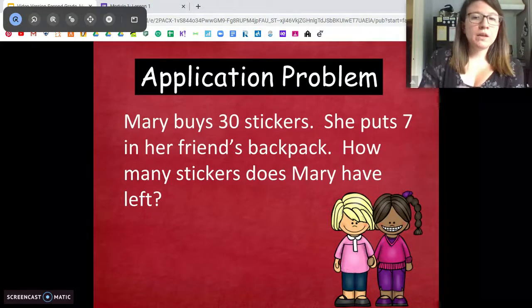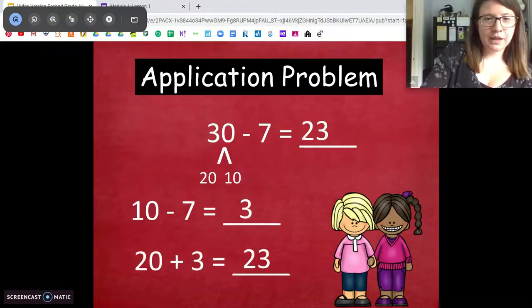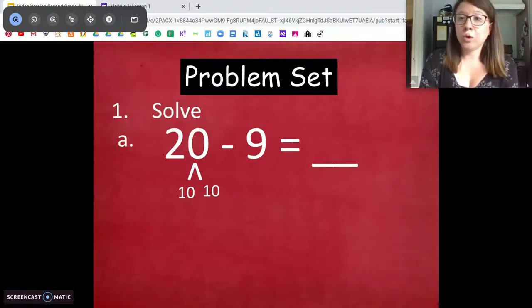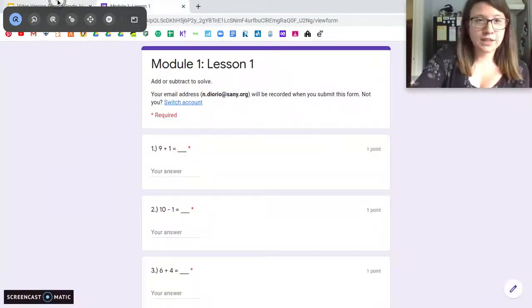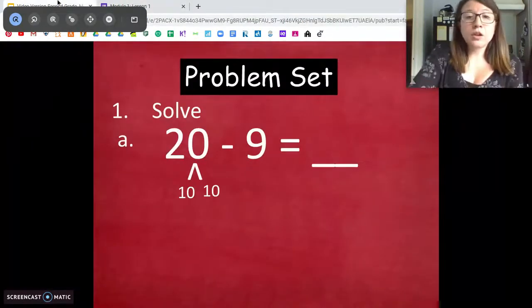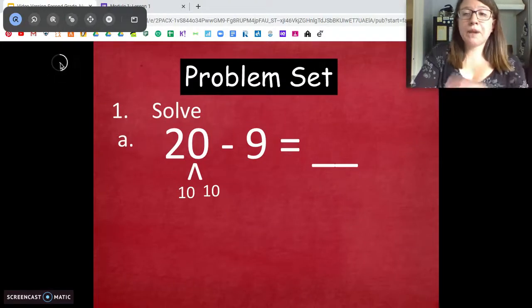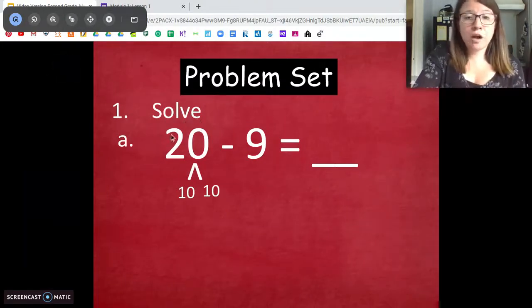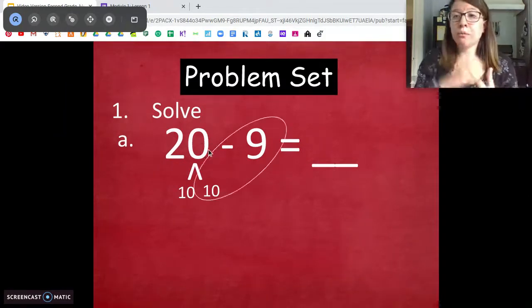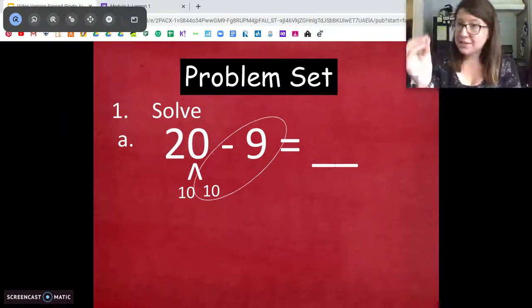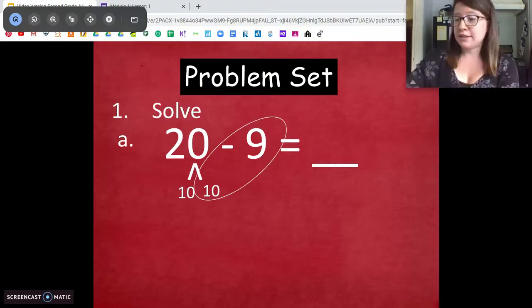Good. Okay, we're going to skip this for now because I want to get into your problem set, which is going to be your exit ticket for today. So, your problem set, same thing that we just did. You're going to get problems that have a multiple of 10. You're going to break it down, pull out the 10, take out the 10, just like we did in our lesson today.